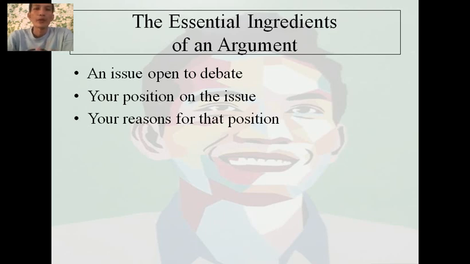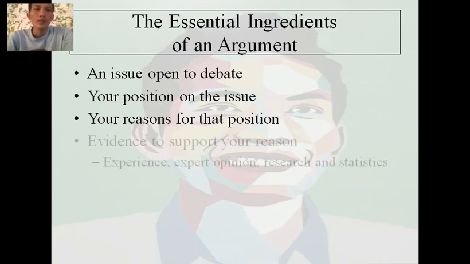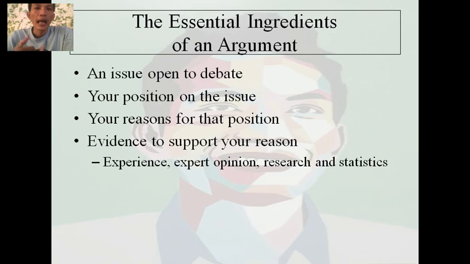It's better for you to give strong reasons for your positions, so your listener is able to change their viewpoint. And evidence to support your reasons.